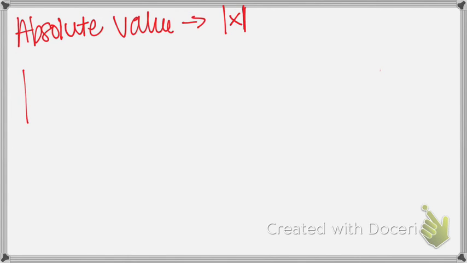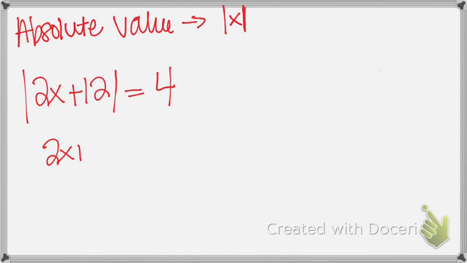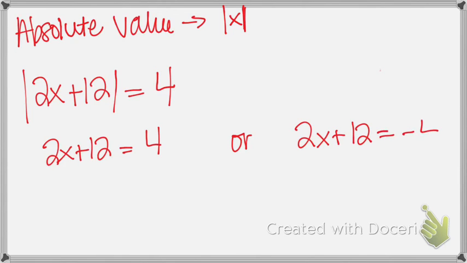Number 5, the absolute value of 2x plus 12 equals 4. Is the absolute value by itself, meaning there's nothing on the outside? Yes. So we're going to do 2 things. We're going to take the equation, which is 2x plus 12. We're going to set 1 equal to a positive 4, and 1 equal to a negative 4.